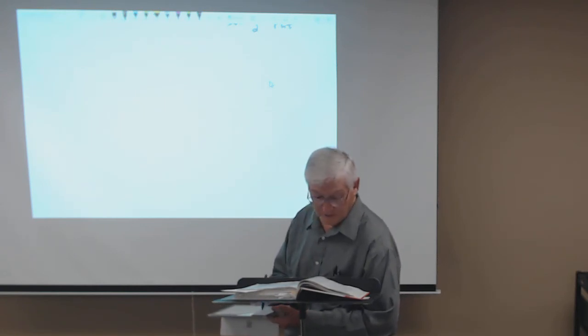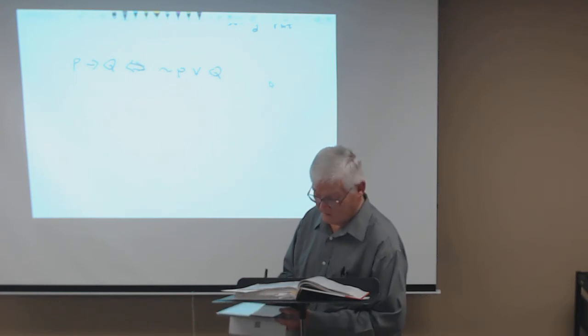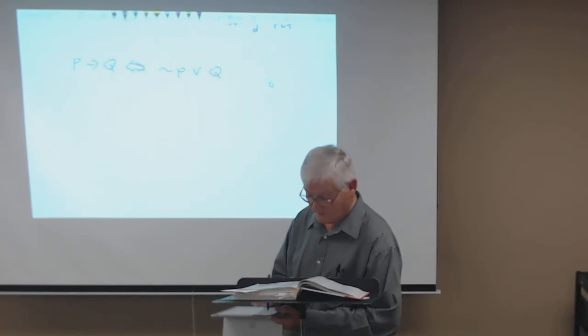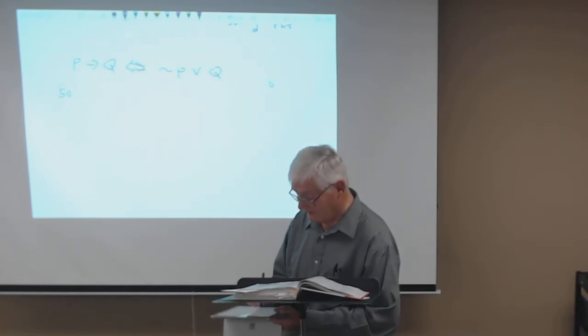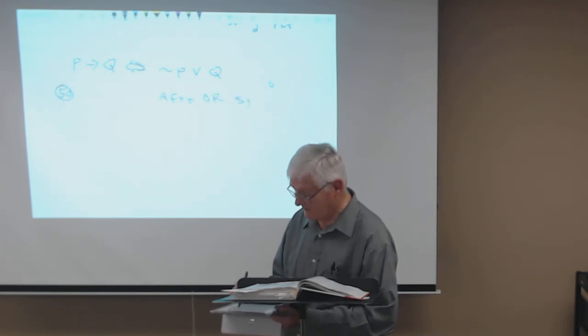Here's another thing to put in your notes. If P, then Q is equivalent to not P or Q. So for number 50, Alice fails the test or she gets the job.